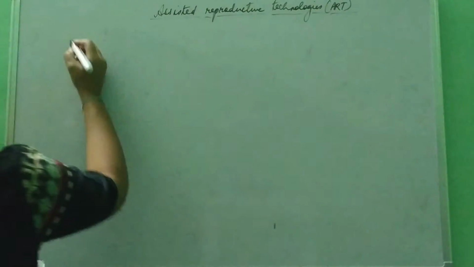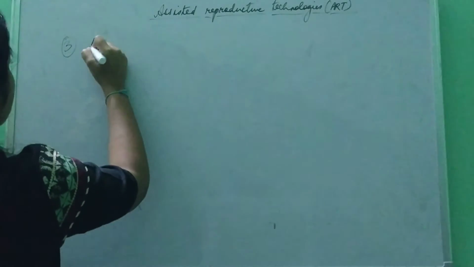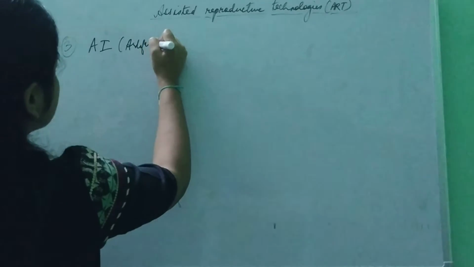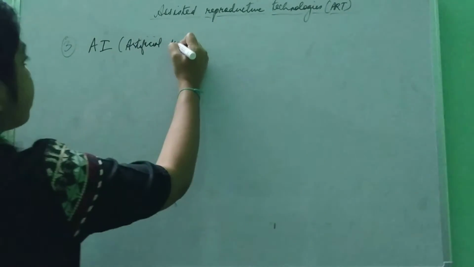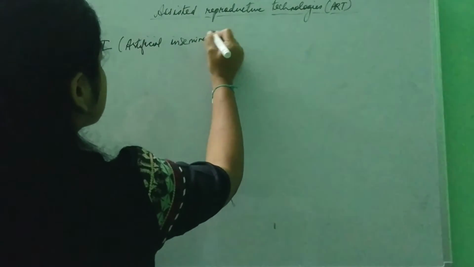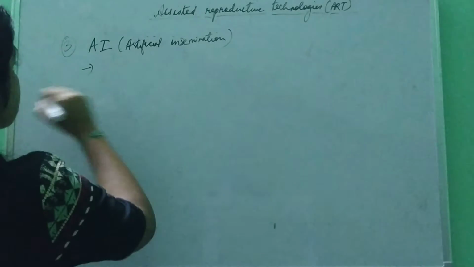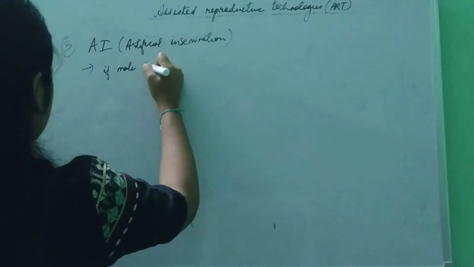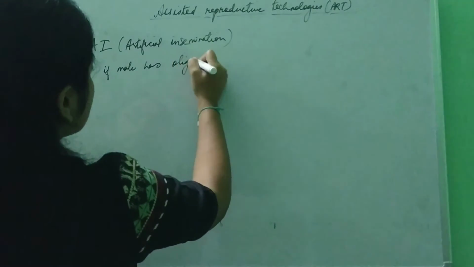Then the third method is AI, artificial insemination. This is done if the male has oligospermia.